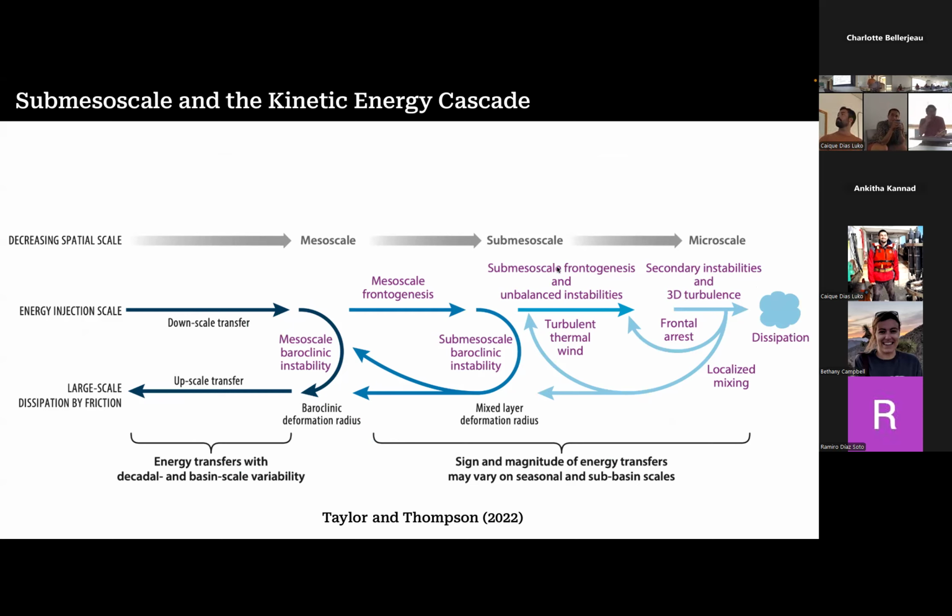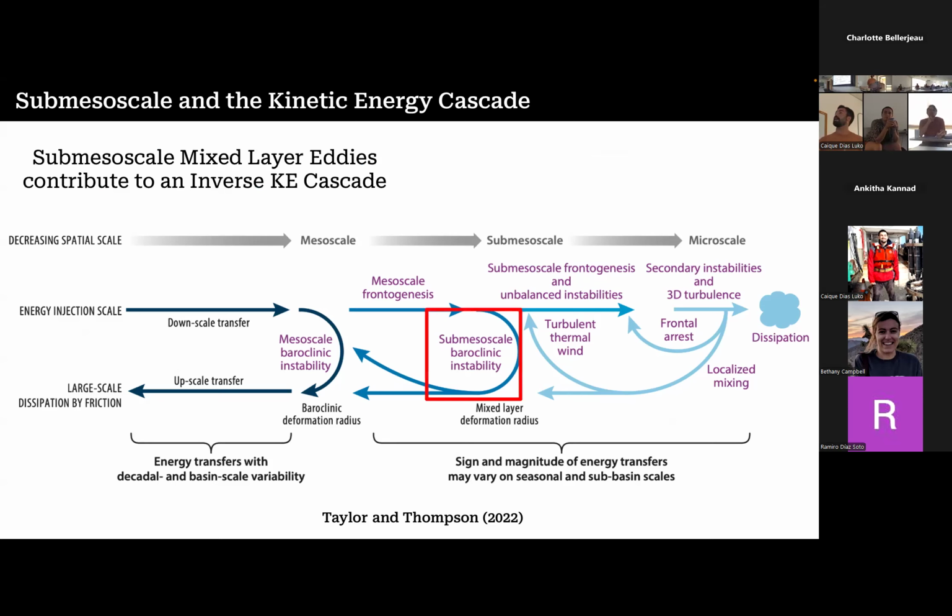The submesoscale processes lie right between the mesoscale and the 3D turbulence, so they're important to cascade that energy. One thing about this schematic is that we don't have any internal waves. We're not considering internal waves here, just submesoscale processes. And then the mixed layer eddies usually contribute to bring energy back to the mesoscale.